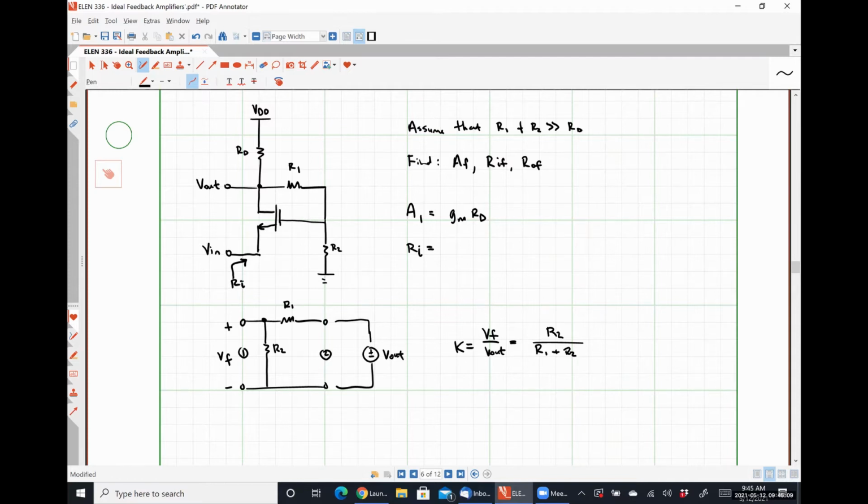So what do we get when we look through the source of a MOSFET? That's correct, 1 over gm. That's it. If we look in through the output, again ignoring the effects of the feedback network, what do we see? RD.